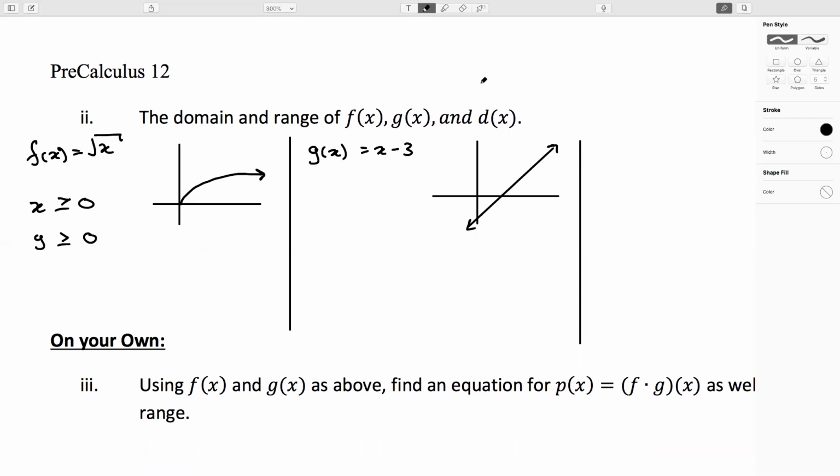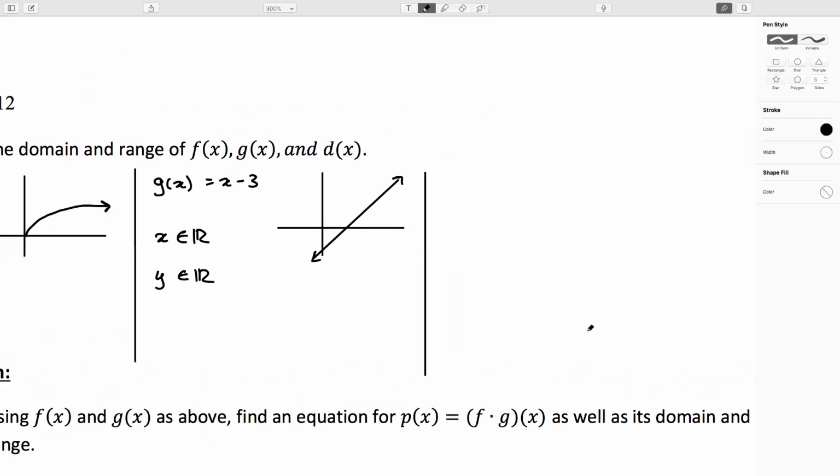There's no restrictions on x. We don't have a square root, and we also aren't dividing by anything. So x is going to be all real numbers. And if you look at the graph, you can make any y value, so y is also all real numbers.